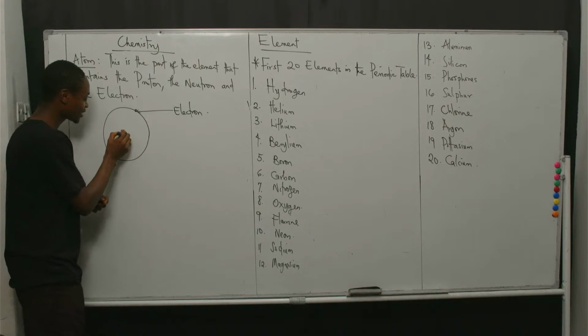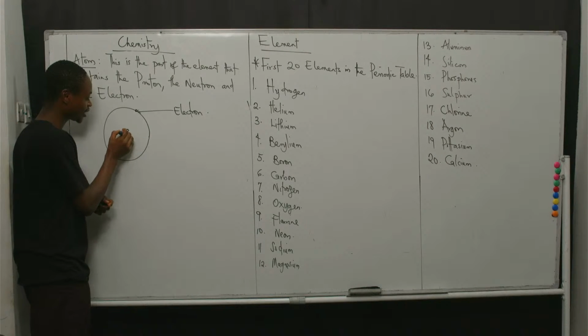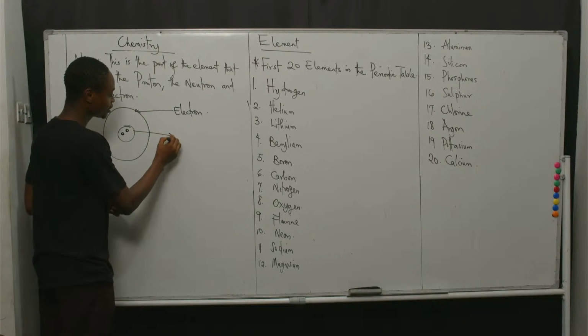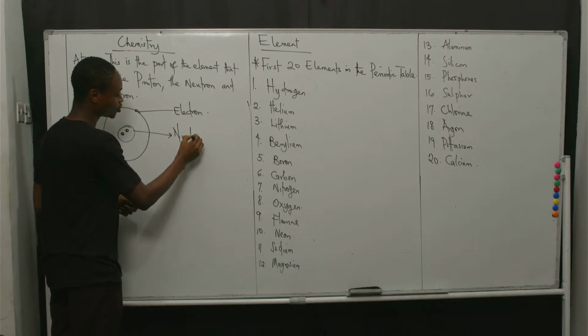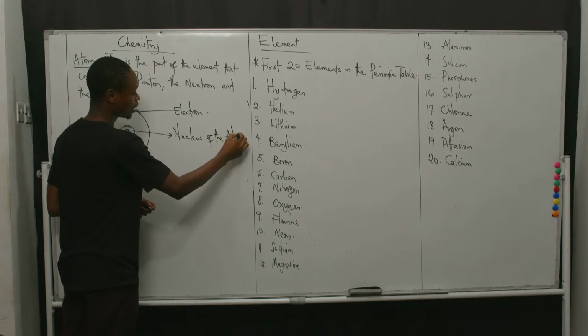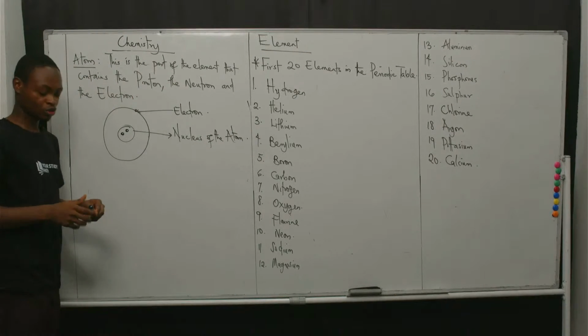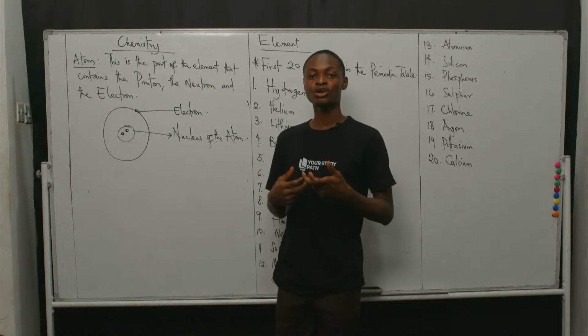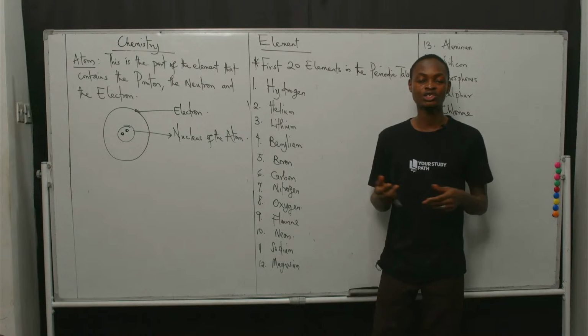And where exactly do we find them inside the atom? We call where we find them the nucleus of the atom. So that's why sometimes when you see questions that say, what are the constituents of the nucleus of the atom?